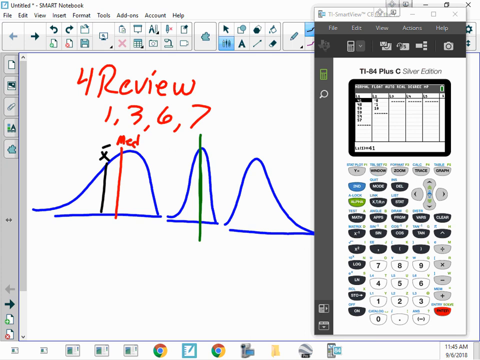Okay, and then the opposite happens over here. If this is my median, the area to the left and the area to the right are the same size, but these people over here weigh a lot, and because they weigh a lot, they pull the average to the right.